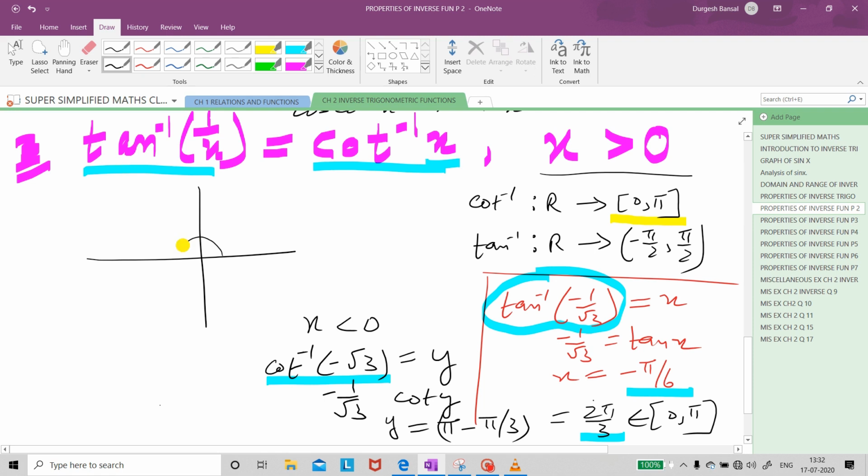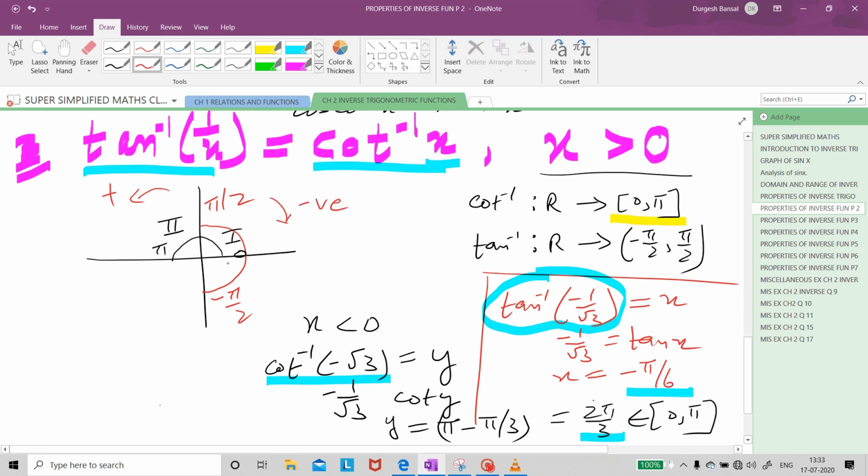Cot inverse x is always in the first quadrant or second quadrant, from 0 to pi. But if the angle is negative, the tan inverse function will be between minus pi by 2 to pi by 2. This is minus pi by 2 and this is pi by 2. You see, this is the positive direction of the angle and this is the negative direction of the angle.